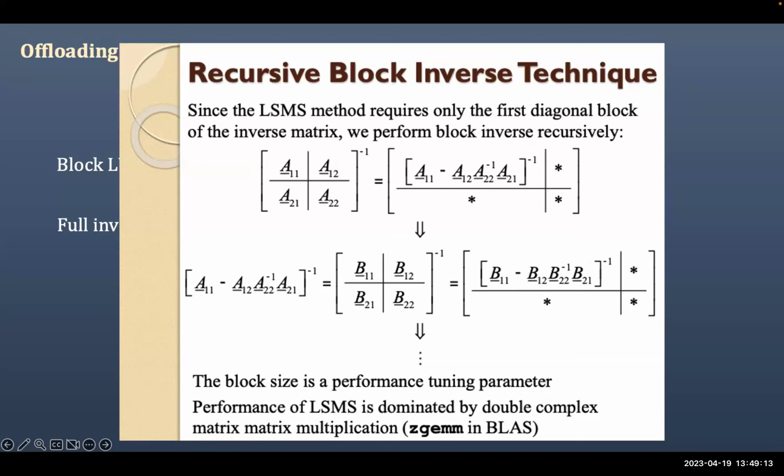Every time we invert a smaller matrix using this recursive technique, but that involves a lot of matrix multiplication.